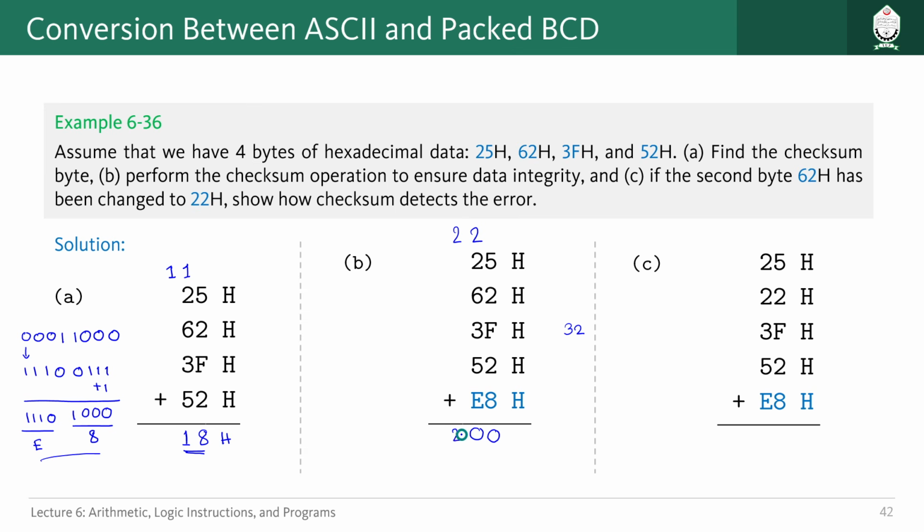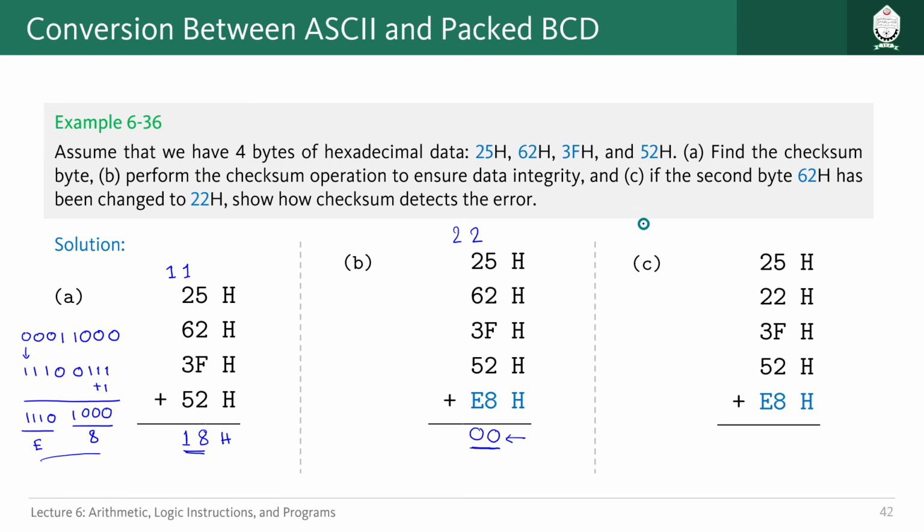So this 2 is actually carry after 8 bits, so we can omit it again. We don't have to consider that. The result is actually 0 after performing the addition. So that means the data we have received is correct without any kind of corruption.